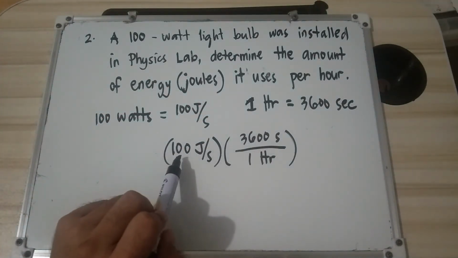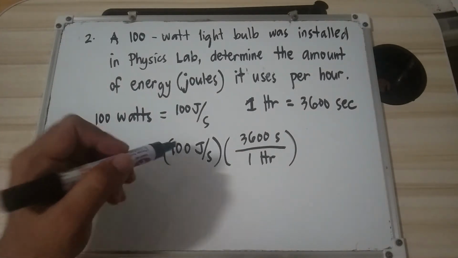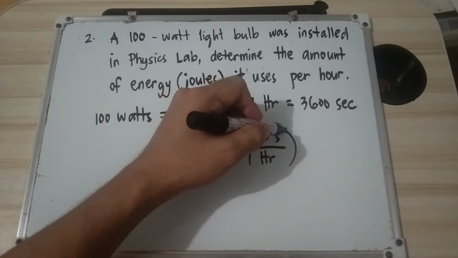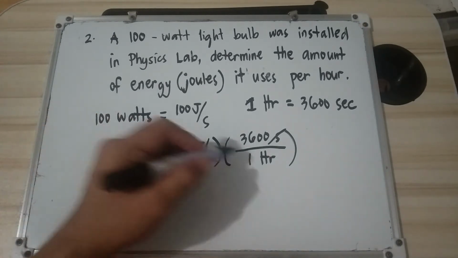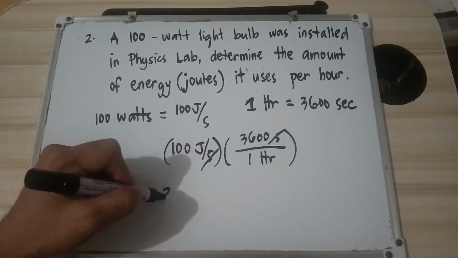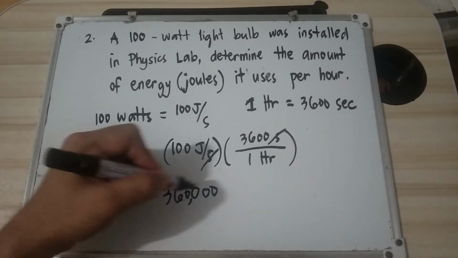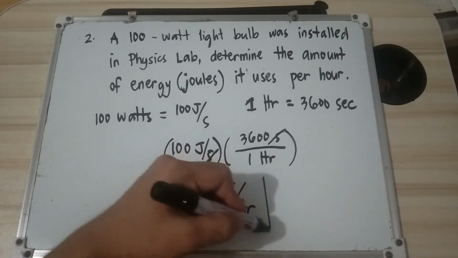And 1 times joules per second, our given does not change. Our goal here is just to convert it. So, cancel the seconds. Then get the product of 100 and 3,600. We have 360,000 joules per hour. And that's it.